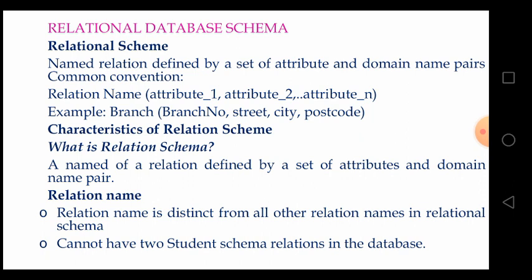For example, the different names of student names, student IDs, student addresses. So, two student relations in a database are not the same.